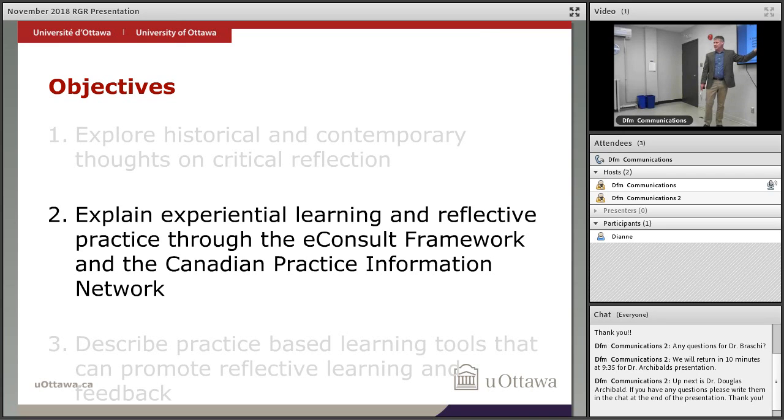It's all based on Kolb's work in the 1980s. That's going to be the eConsult framework and the Canadian Practice Information Network, a project that I'm working on with Bill Hogg and with Sharon Johnson.